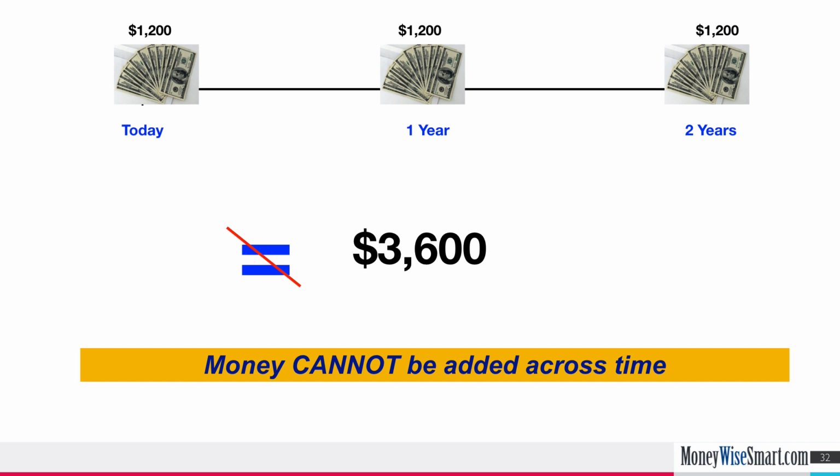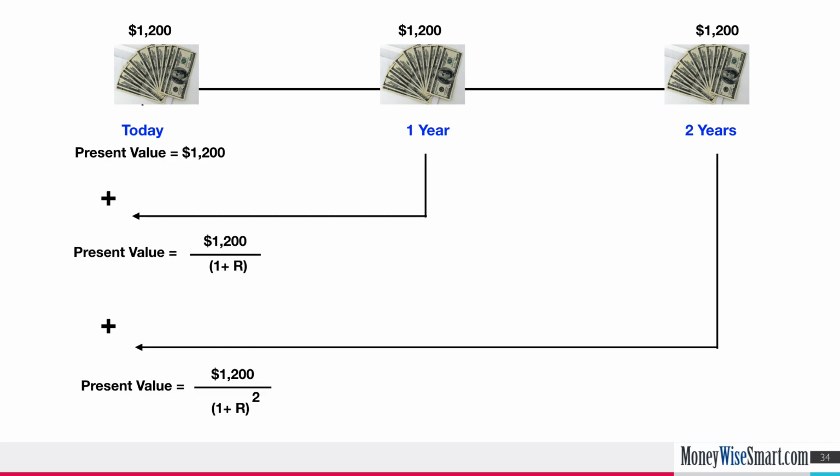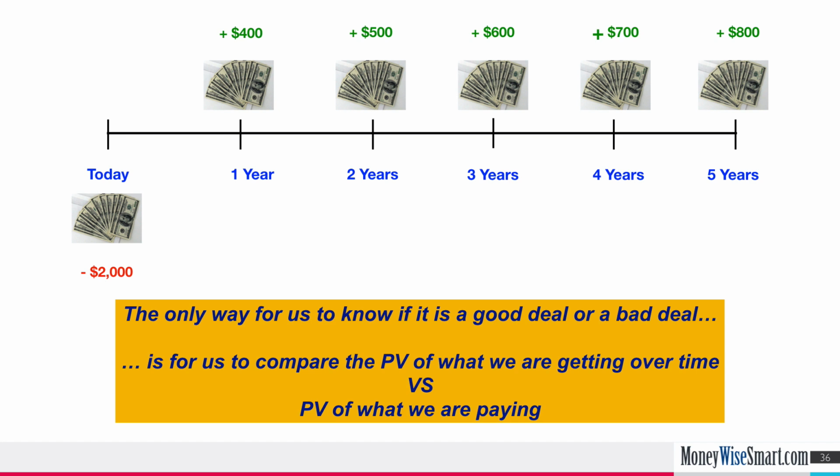If you want to find out the value of these 3 cash flows today, you need to add the present value of the future inflows with the $1,200 that you received today. In the 3 scenarios that we talked about earlier, the only way for us to know if it is a good deal or a bad deal is for us to compare the present value of what we are getting over time versus the present value of what we are parting with.